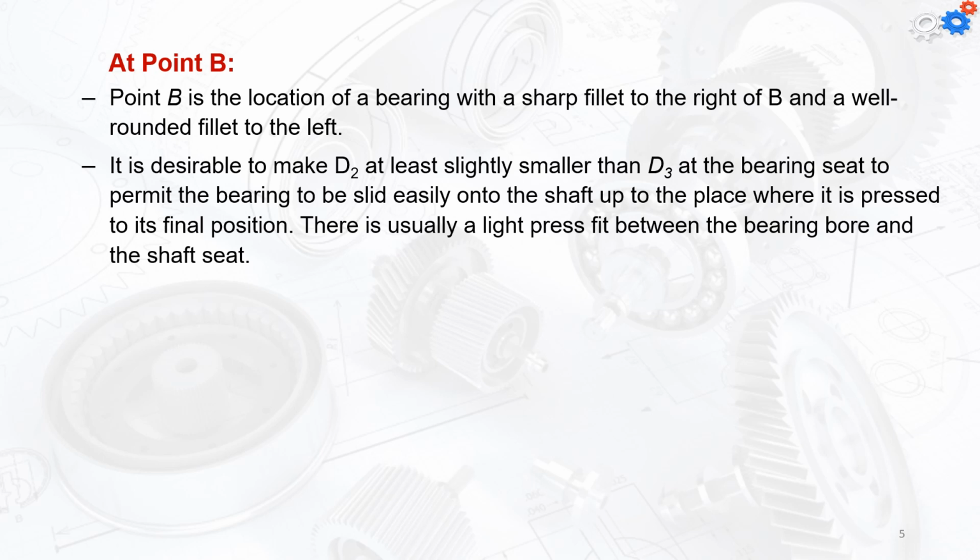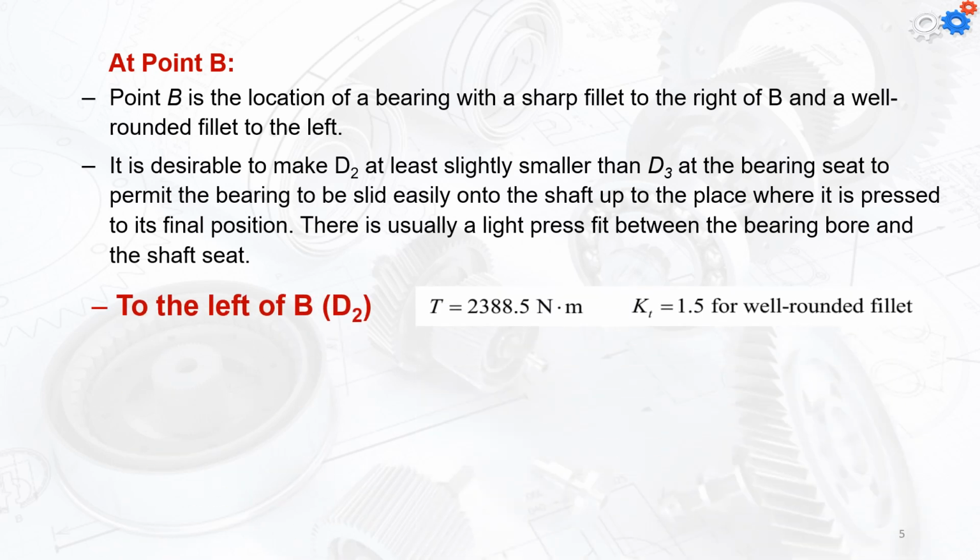There is usually a light press fit between the bearing bore and the shaft seat. So to the left of the B, I'm going to decide that the diameter 2 is going to be calculated where the torque is equal to 2388.5 newton meter, with the KT I'm going to use being 1.5 for the well-rounded fillet.